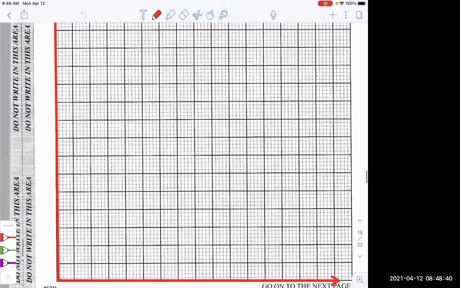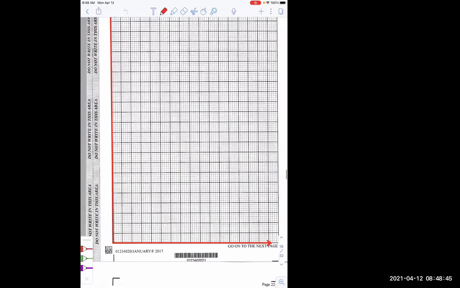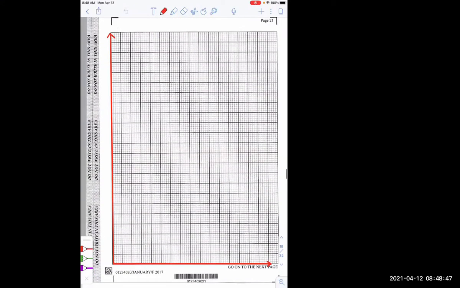Now, if you take a ruler and you measure the width of your index finger, you will find that it is 1 centimeter. So on the graph book, for those of you who have a graph book in front of you, the width of your index finger is 1 cm. If you don't have a ruler, you could use your finger, right?